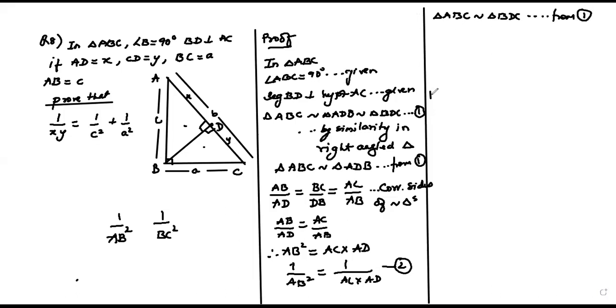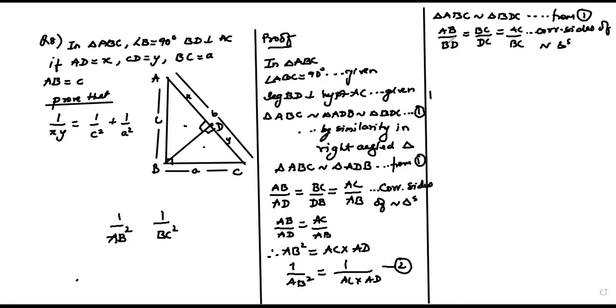From 1, okay? And now look here, once the triangles are similar, corresponding sides are in proportion. AB upon BD equals BC upon DC equals AC upon BC. The reason is corresponding sides of similar triangles.